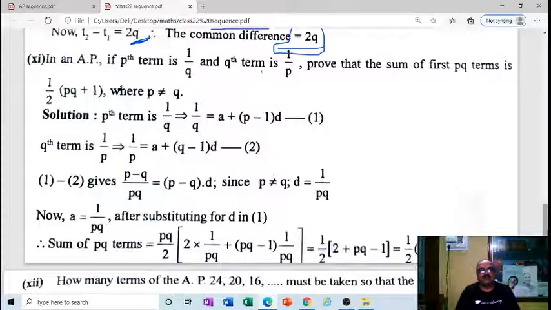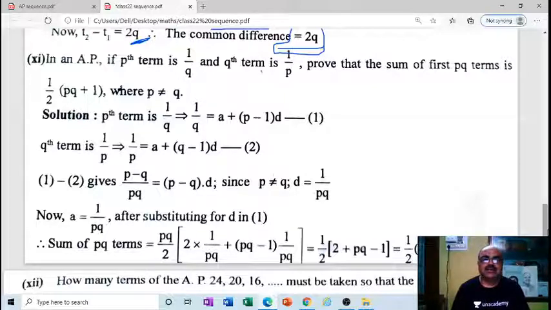In an AP, next one, if the pth term is 1 by q and the qth term is 1 by p, prove that the sum of p plus q terms is half into p plus q plus 1, where p is not equal to q.